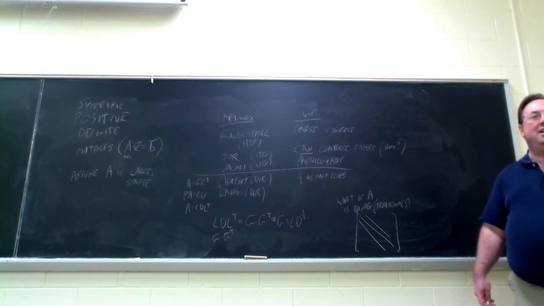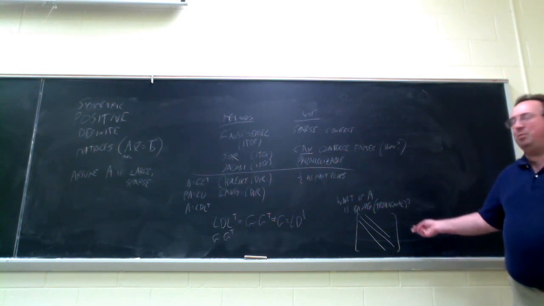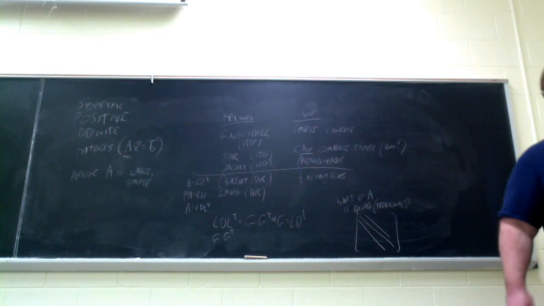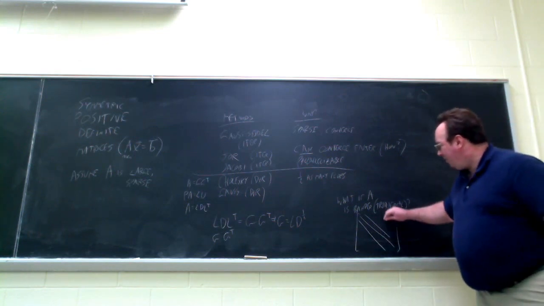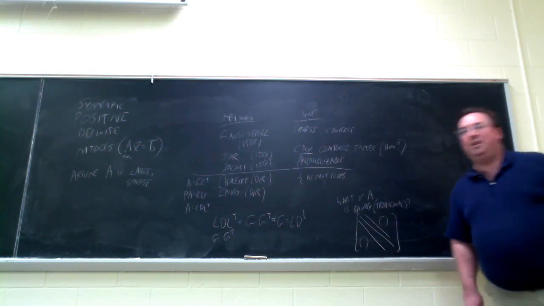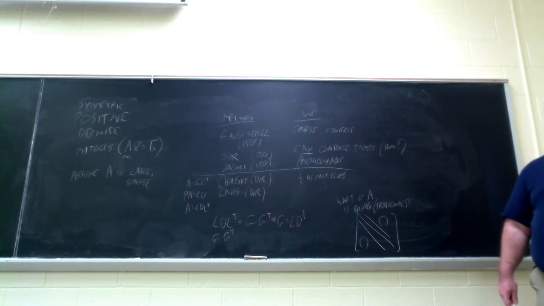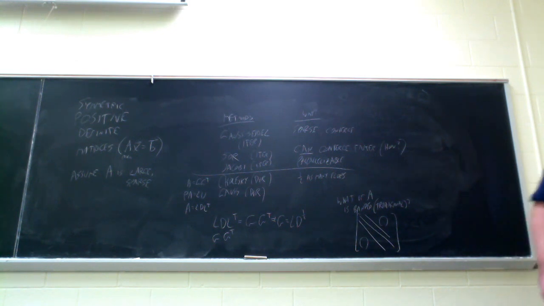Positive? Well, the diagonal entries are positive, but that's a property of Cholesky. But because of this structure where everything else is 0, isn't it about the cost? Yes.